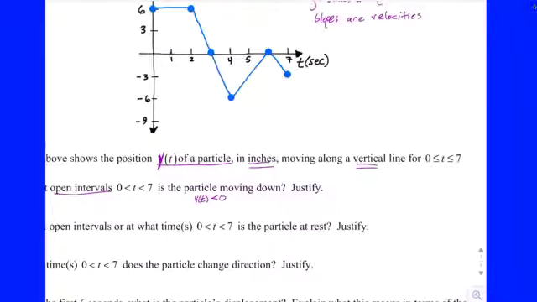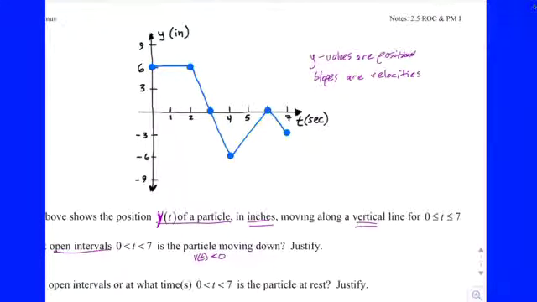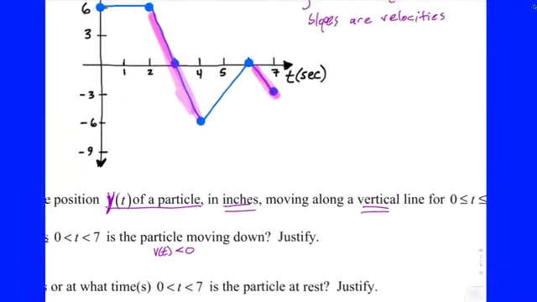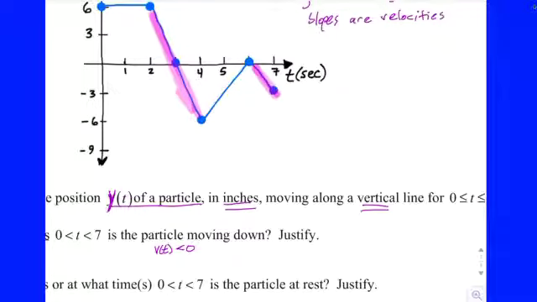Okay, so where are the slopes less than 0? Well, that's where the graph is going downhill. So it's here and there. So let's go ahead and write the intervals up here where I can see it. So the open intervals are going to be t in parentheses, 2 to 4, union 6 to 7, and then we'll put seconds at the end.